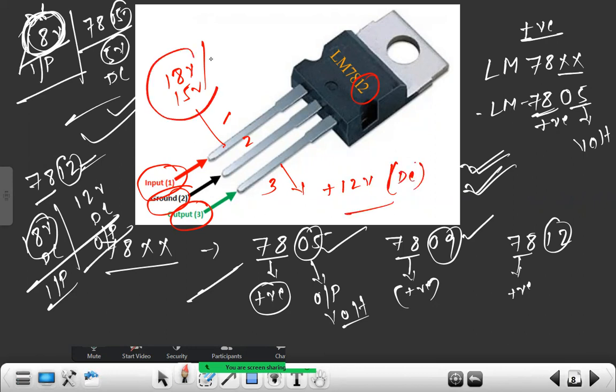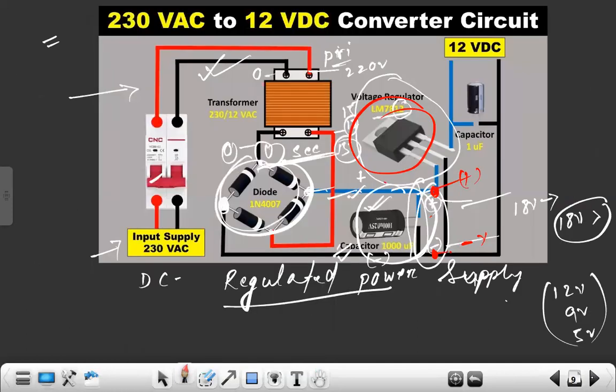If the input voltage fluctuates or varies sometimes, this 12 volt DC will never vary and not fluctuate. So this is the use of the 78 series of LM IC. This is called a voltage regulator IC. So this is the use.